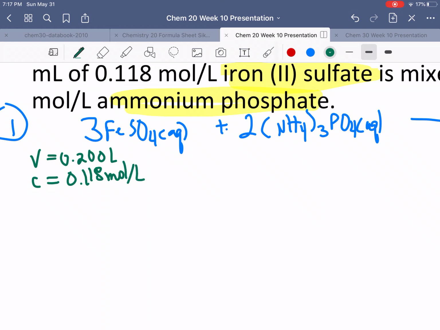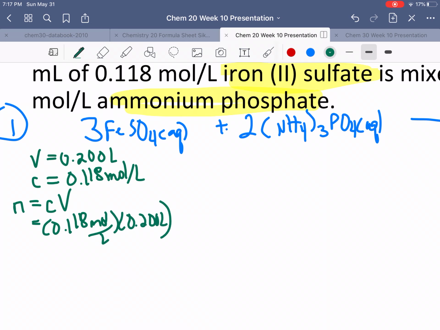Pretty simple formula. Number of moles is equal to concentration times volume, right? 0.118 moles per liter times the 0.200 liters, and our number of moles of the iron 2 sulfate is going to be 0.0236 moles.